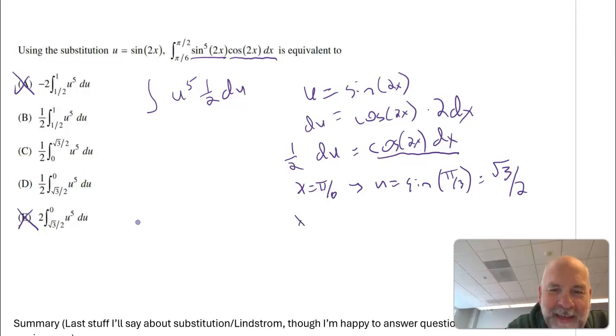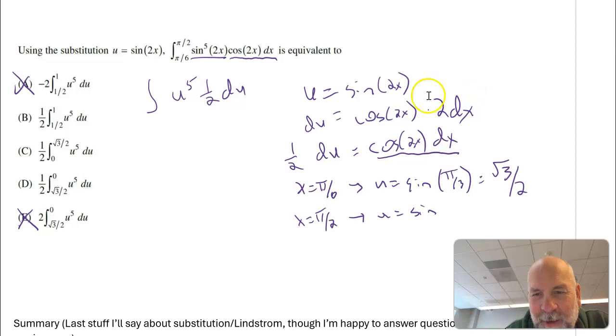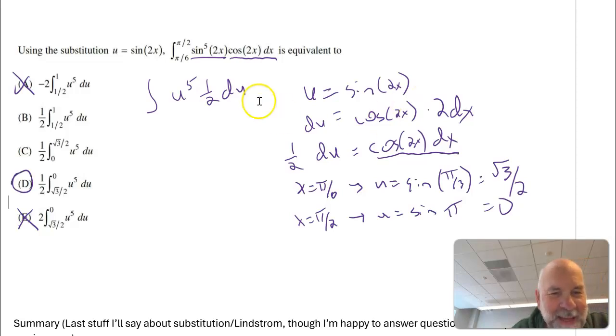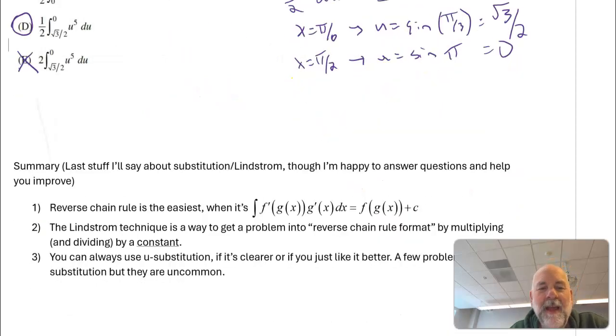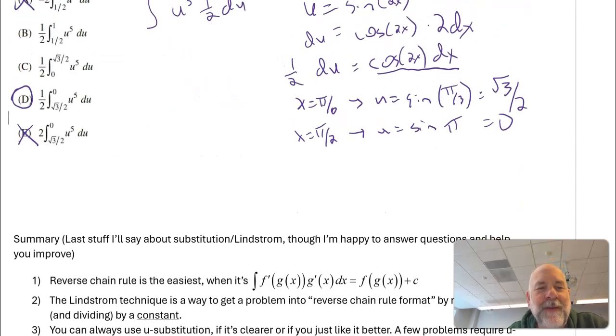And when x equals pi over 2, then u is the sine of 2 pi over 2, which is pi, which is 0. So it's option D because that goes from square root 3 over 2 to 0. That's what you get when you plug x equals pi over 6 and x equals pi over 2 into the formula for u.